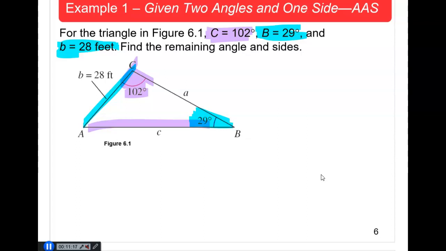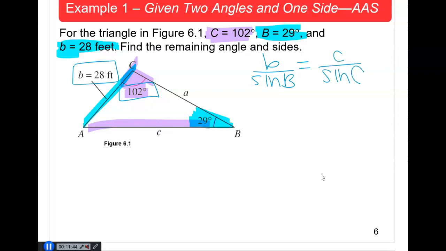First I have to see if I have two of one letter, meaning the angle and the side. So I do. I have b equals 28 feet. So I'm going to use the equation b over sine B is equal to, and since I have the other angle here, 102, for angle C, I'm going to use sine of C, uppercase, and then lowercase c on top.